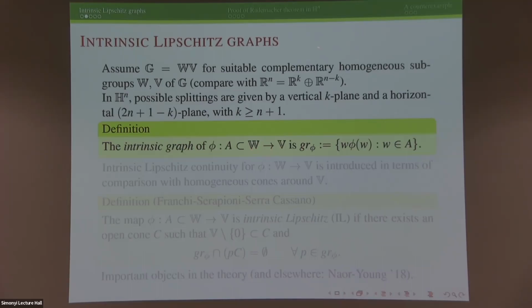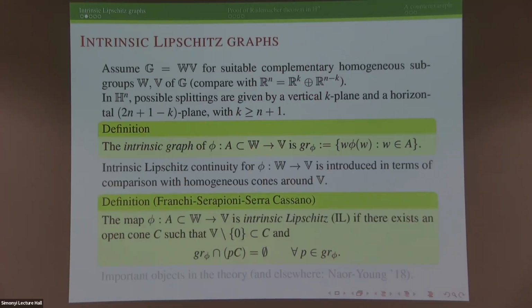If you think a little bit, in Euclidean spaces this is precisely the graph of a map from R^k to R^(n-k) inside R^n. So this will be an object in the group G.